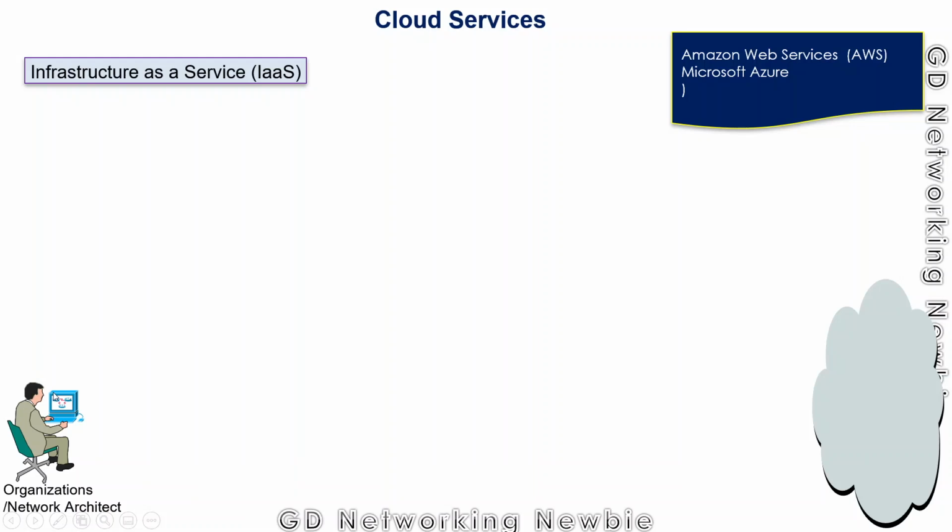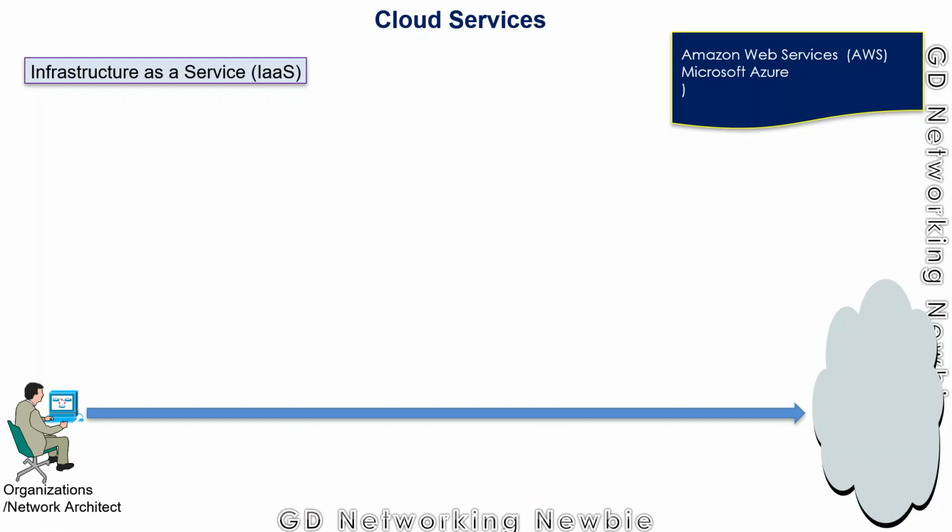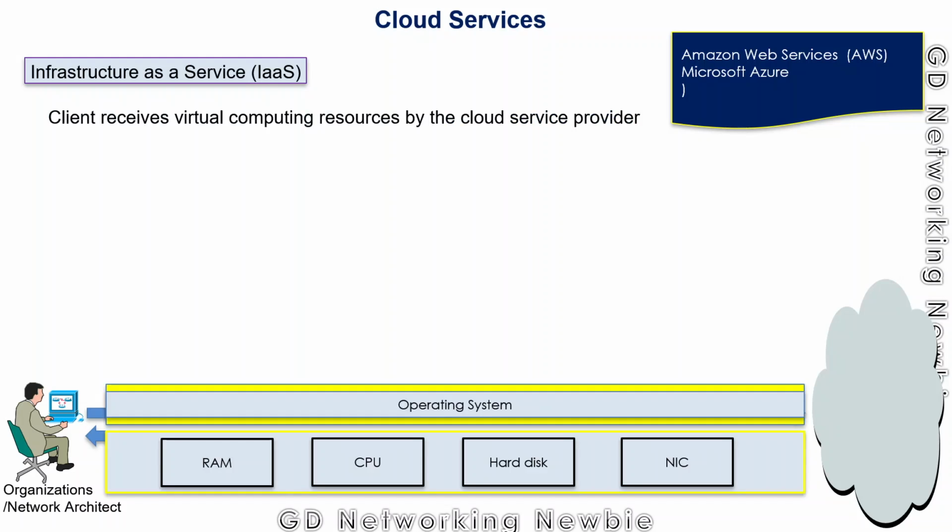Maybe it needs them for some time. So in that case, it can request that infrastructure from the cloud service provider, and the cloud service provider can offer it some hard disk, CPU or RAM.